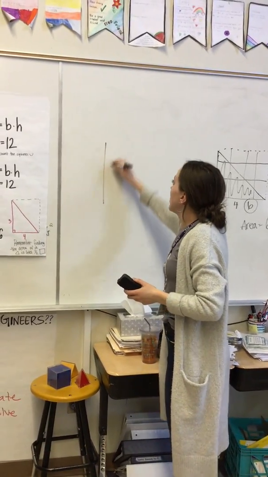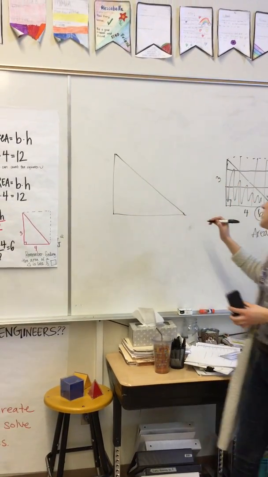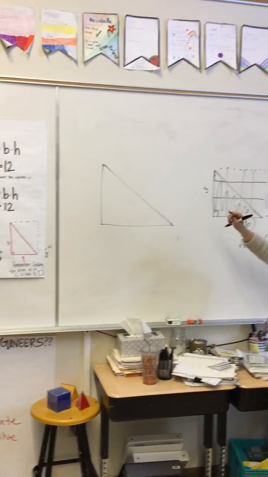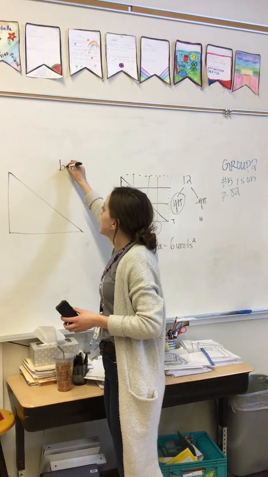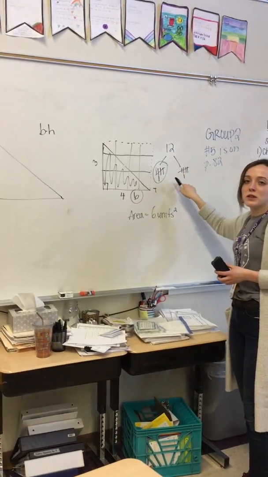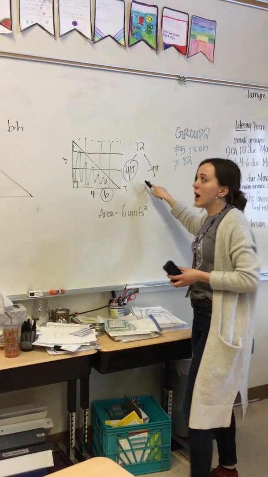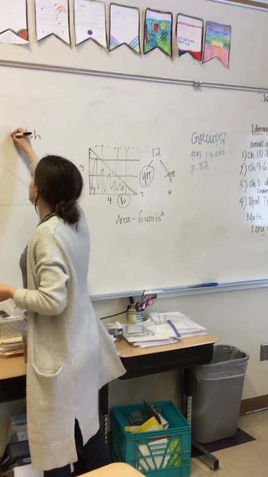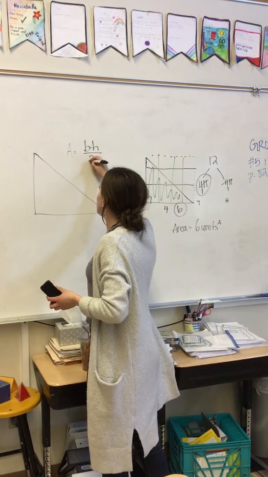Let's think back to what we did. We multiplied our base times our height. And then when we split up the 12 between Tauchi and Hayden, what did we do? We divided it. So the area formula for a triangle is base times height divided by 2.